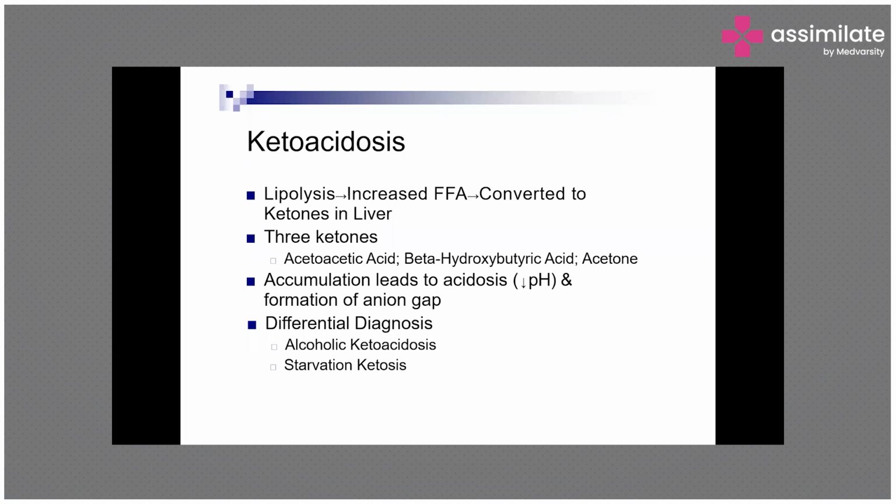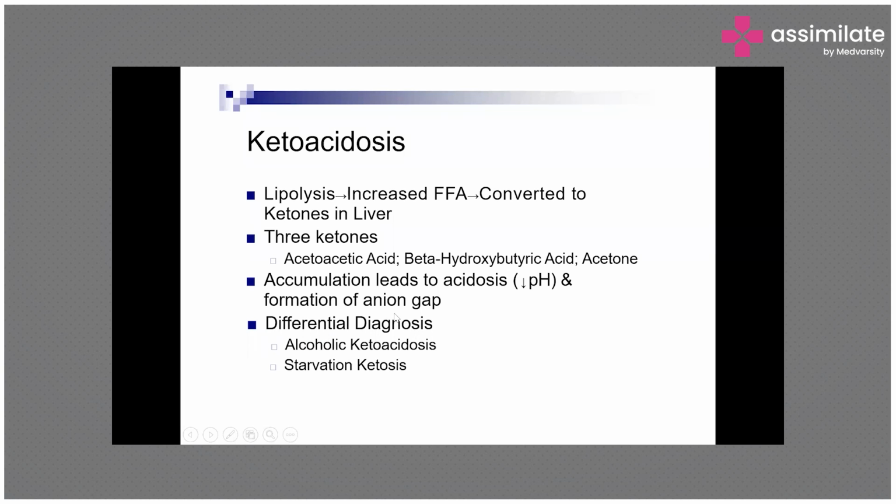What about ketoacidosis? We know that whenever there is lipolysis, there are increased free fatty acids, which get converted into ketones. And we have already discussed three types of ketones: acetoacetate, beta hydroxybutyrate, and acetone. Because of the accumulation of these ketones, there is acidosis, and in ABG you will see the pH has dropped down.